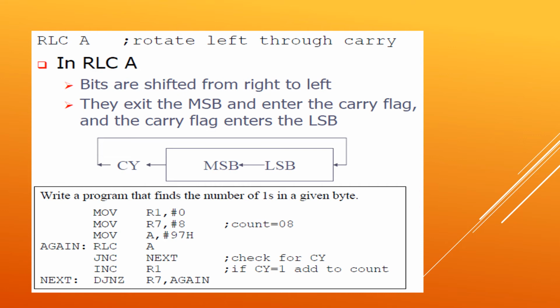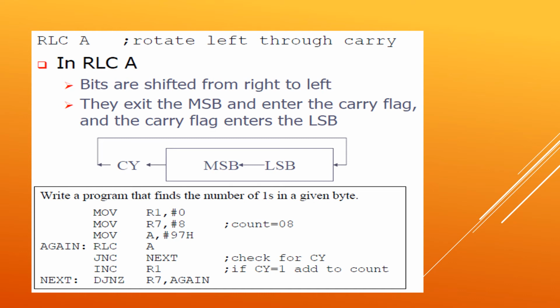JNC is going to take care, so jump if not carry. If not carry, it will come to the next. But since 9 has 1 in the MSB position, carry is set. Therefore R1 will get automatically incremented. So whenever 1 enters, that carry bit is set, the carry flag is going to get the value 1.